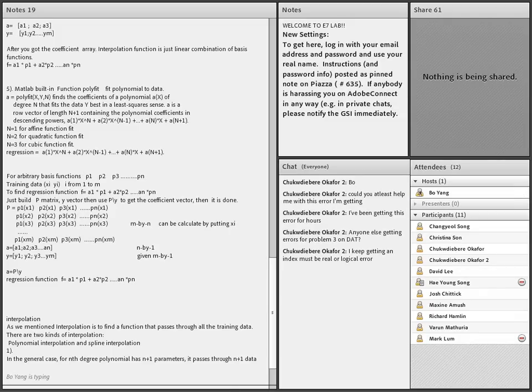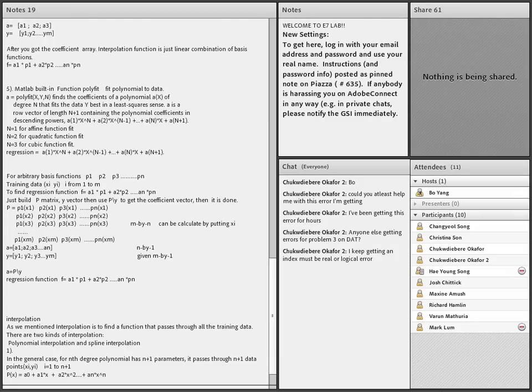So the interpolation function p(x) equals a0 plus a1x plus a2x squared, up to an x to the power n. So we have n plus 1 unknowns a0, a1 to an, and also we have n plus 1 data points. So we can have n plus 1 equations.